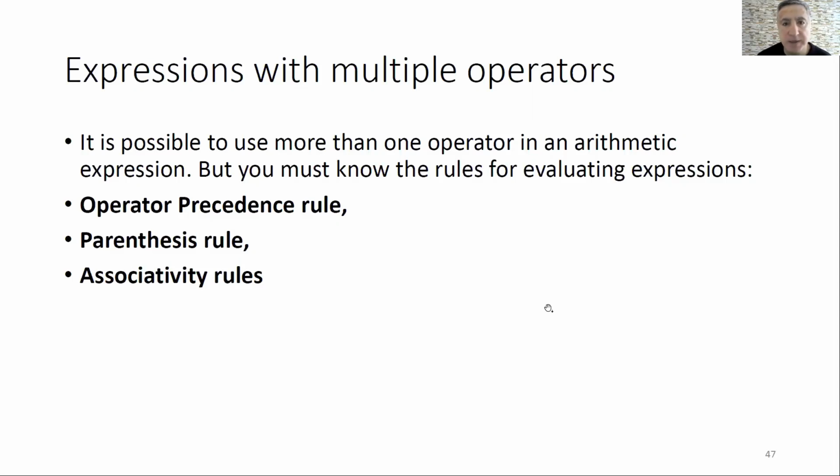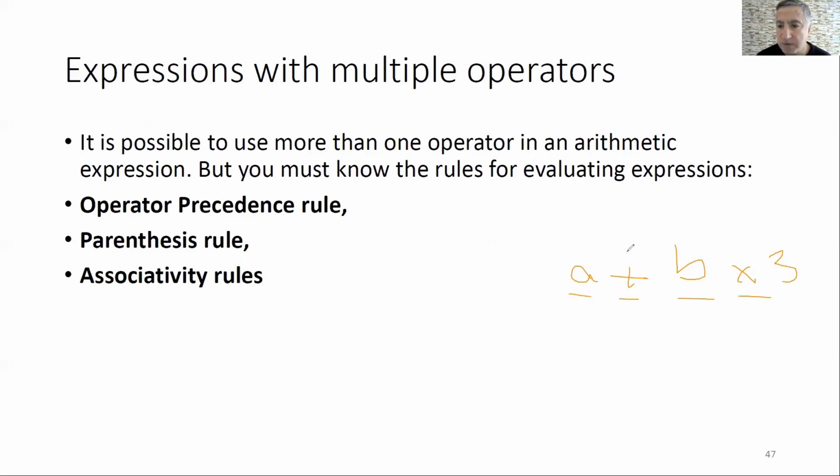After seeing the basic arithmetic operators and expressions, let's talk about the expression with multiple operators. In the expression, we see that there could be variables, numbers, functions, constants, and of course the operators.